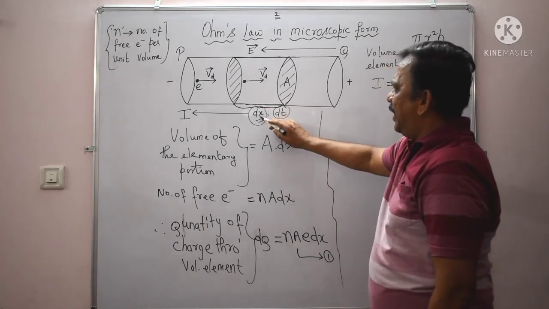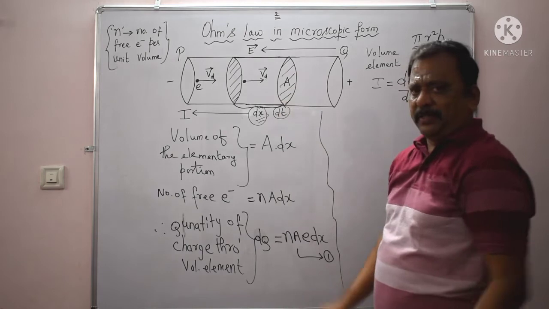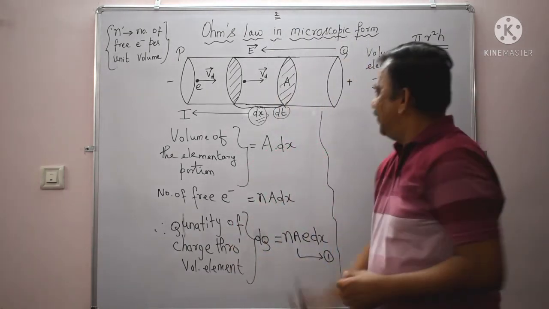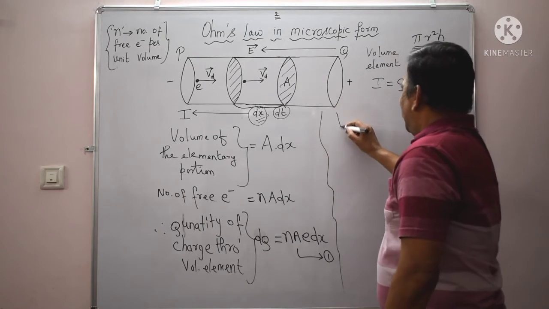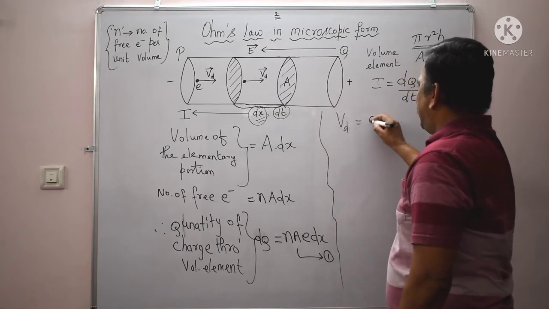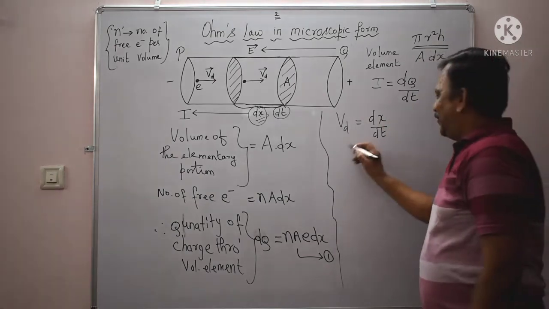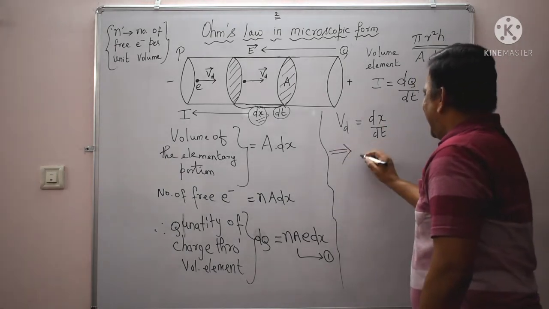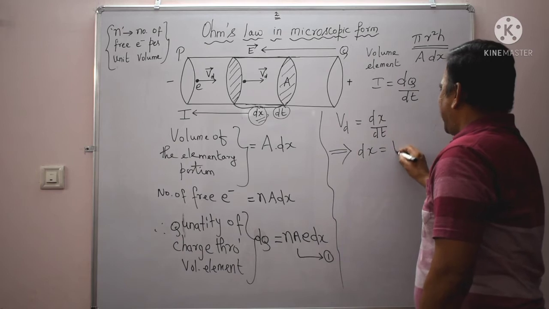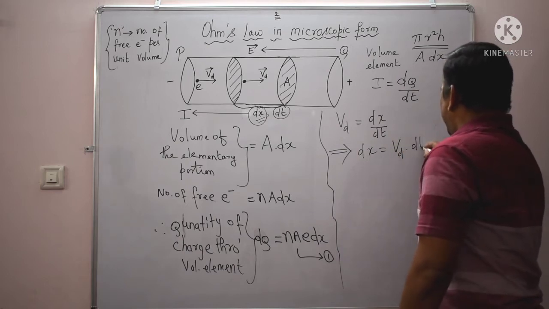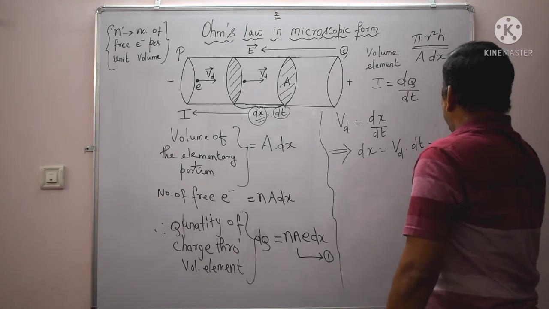So if I divide dx by dt, I will end up with the velocity of the electron, which is nothing but drift velocity. Therefore, v sub d can be written as dx by dt. So this implies dx is equal to, on cross multiplying, v sub d into dt. So take it as number 2.